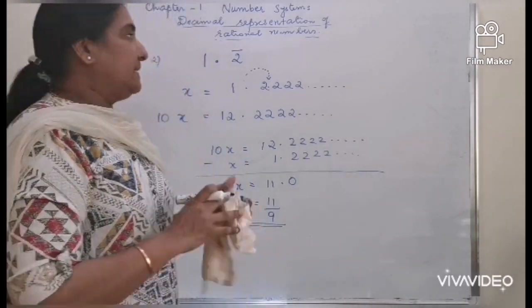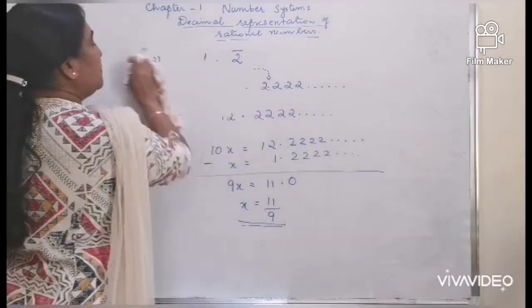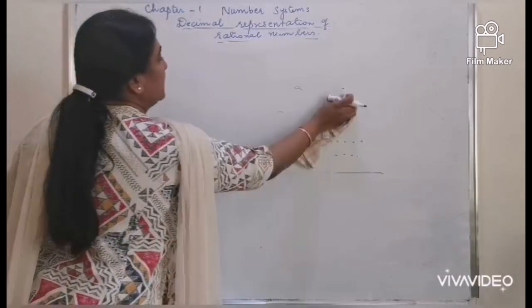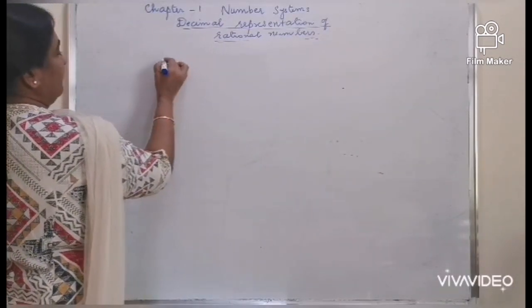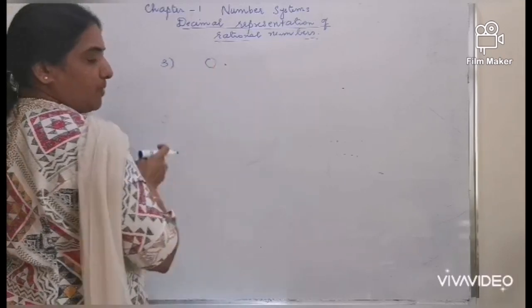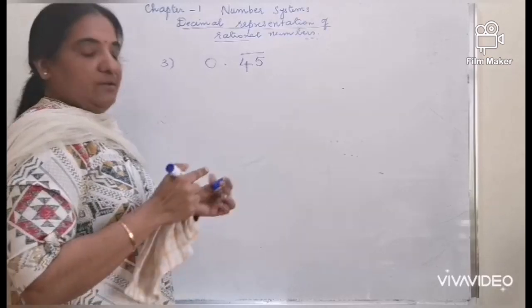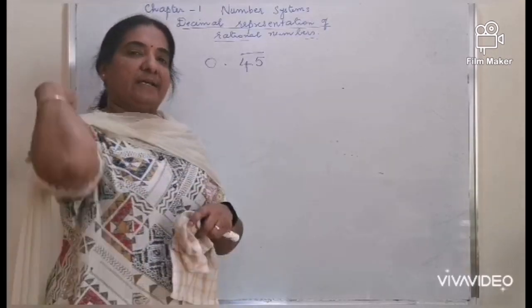Let's take another example with 2 digits recurring: 0.45, with both the digits 4 and 5 recurring.